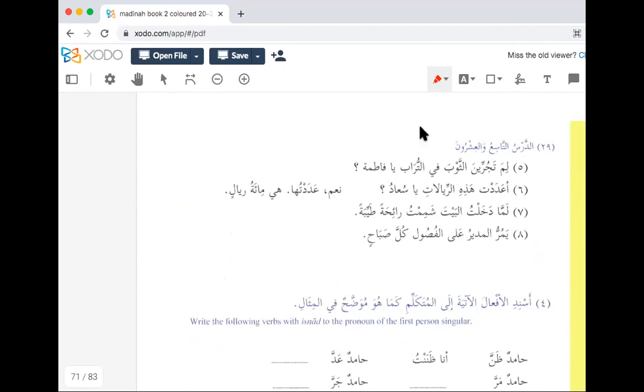Tayyib. Who hasn't read? Thaqib, number 5. Can you read? Assalamu alaikum. Alaykum assalam wa rahmatullahi. This is a bit complicated. Someone help Thaqib.